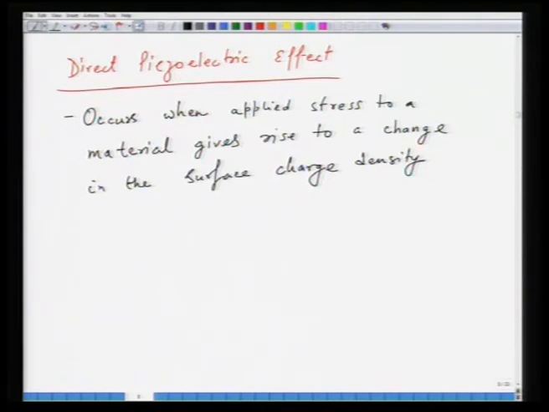So, essentially mathematically what it means is that P, the polarization, is equal to d dot sigma.